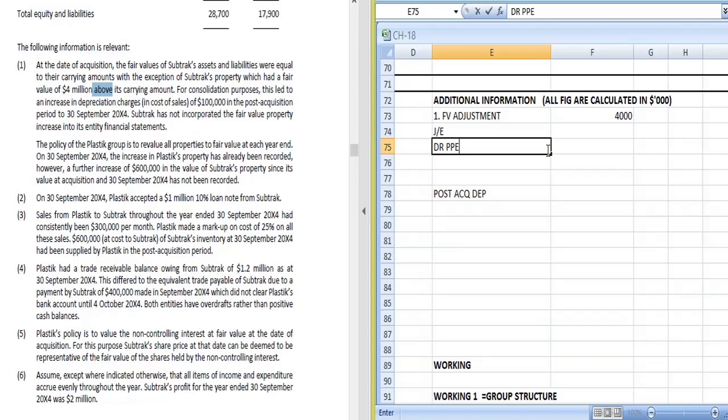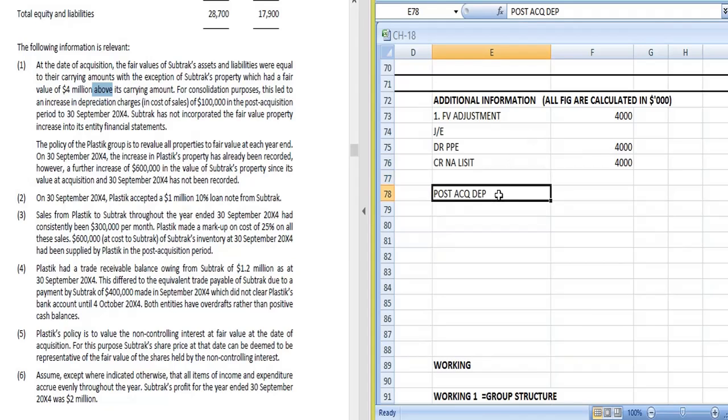So PPE 4,000. Okay, and credit net asset list of subsidiary while calculating working 2 both at the acquisition as well as on reporting date. The amount is 4,000.